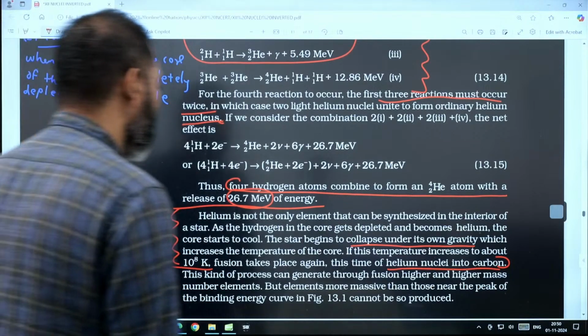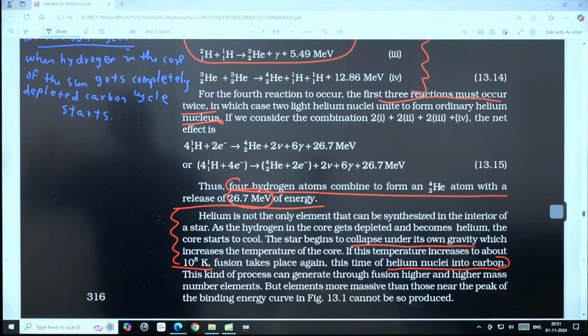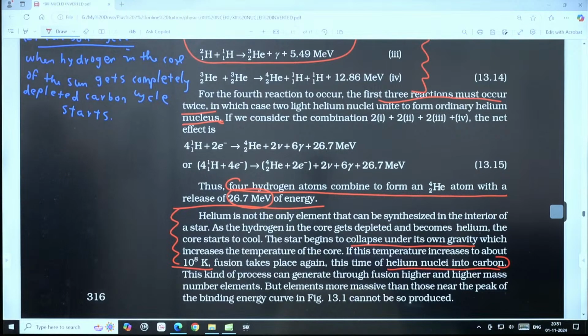Carbon, because the temperature will be around 10 raised to 8 Kelvin. So again fusion takes place. How much energy is released? 26.7 MeV, when 4 hydrogen atoms combine to form one helium.